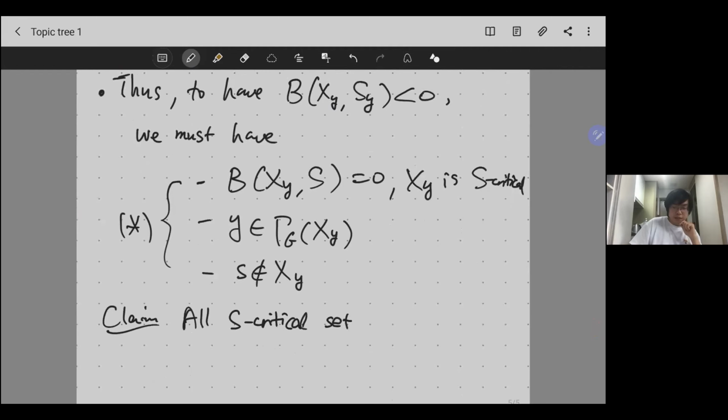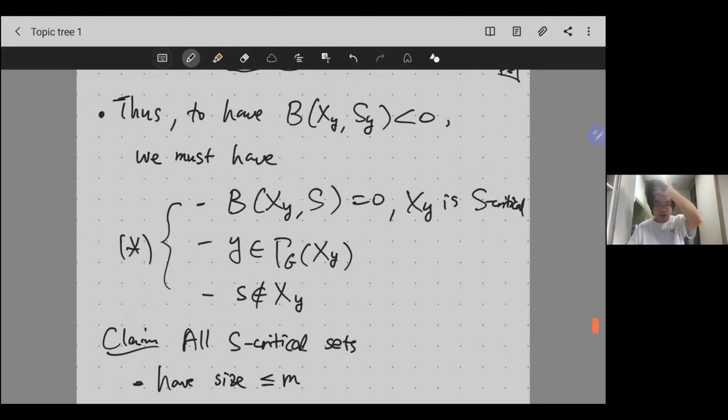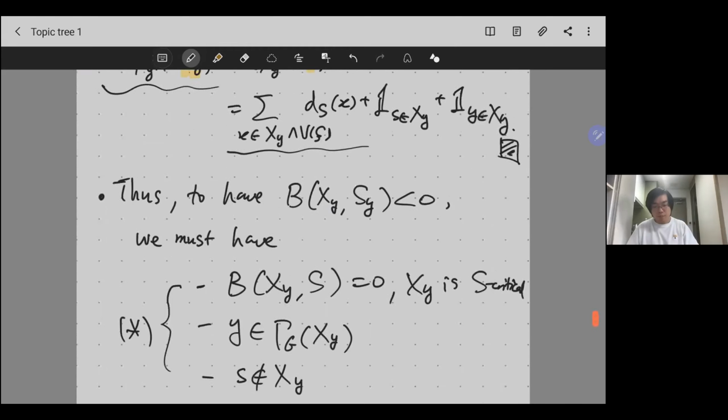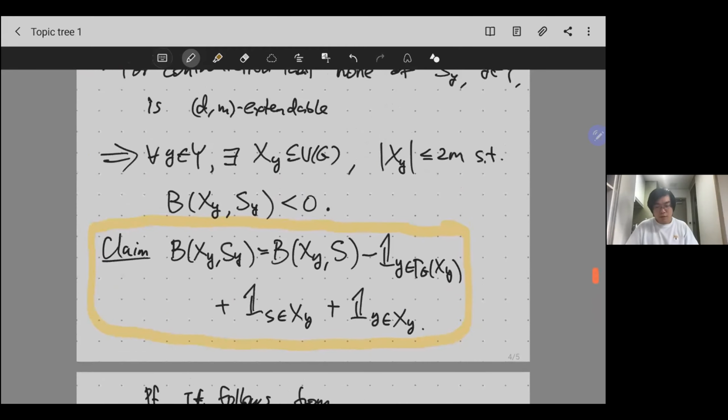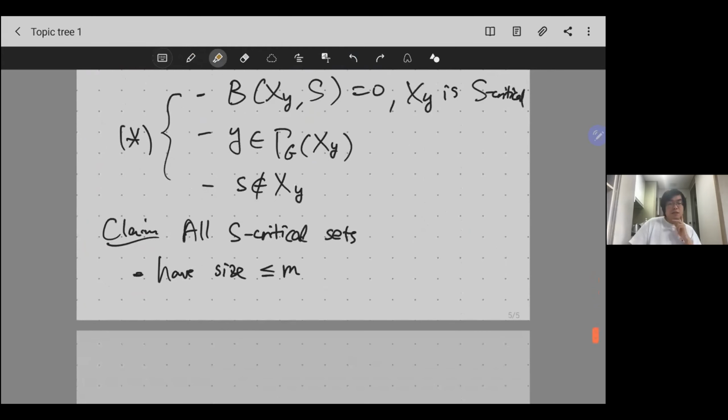First, all S critical sets have size at most M. Remember that originally we only required sets to be of size up to 2M, right? But in fact, we can get a tighter bound for critical sets. It actually cannot be bigger than M.